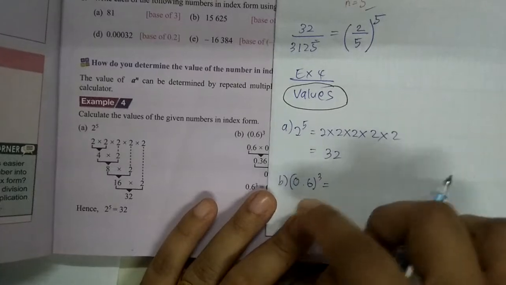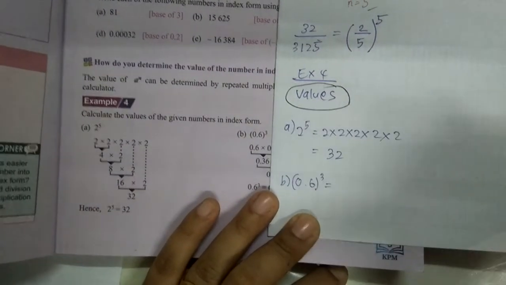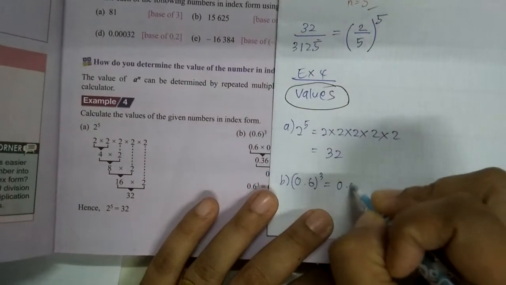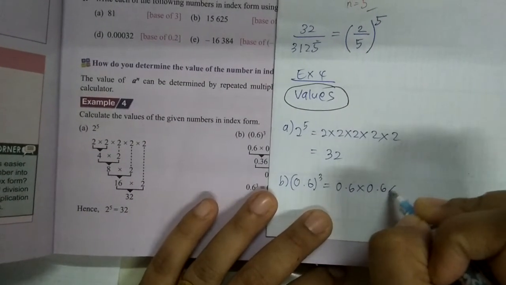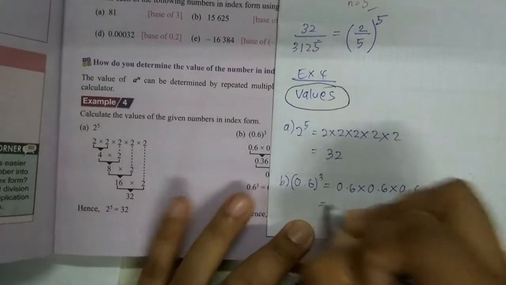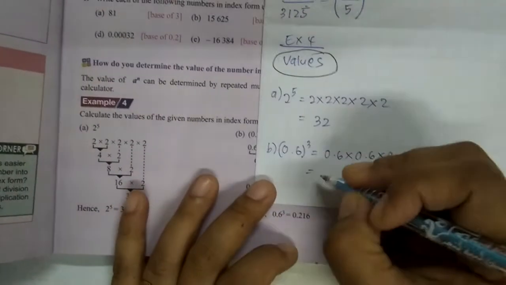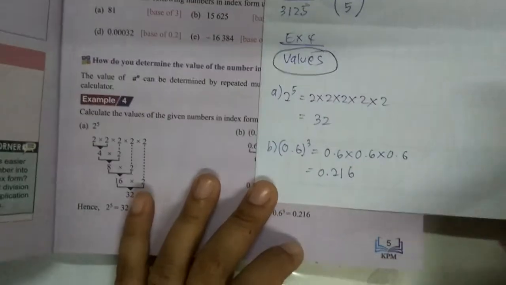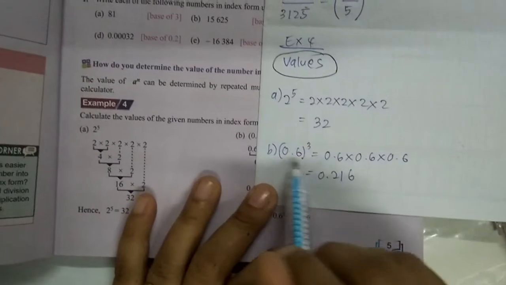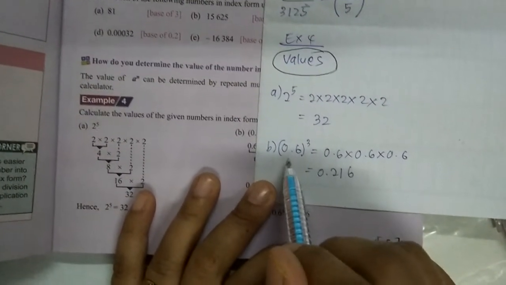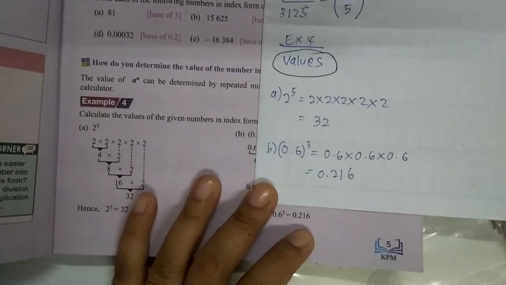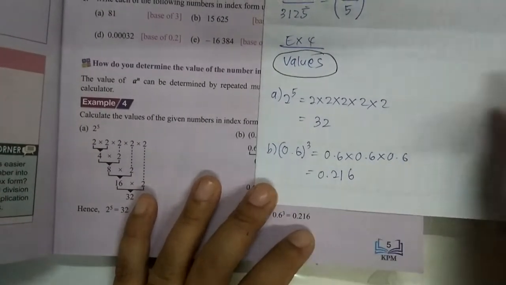What you write is what you press in the calculator. So 0.6 multiply 0.6 multiply 0.6, the answer is 0.216. You can straightforward use a calculator, but remember, please press the bracket symbol.